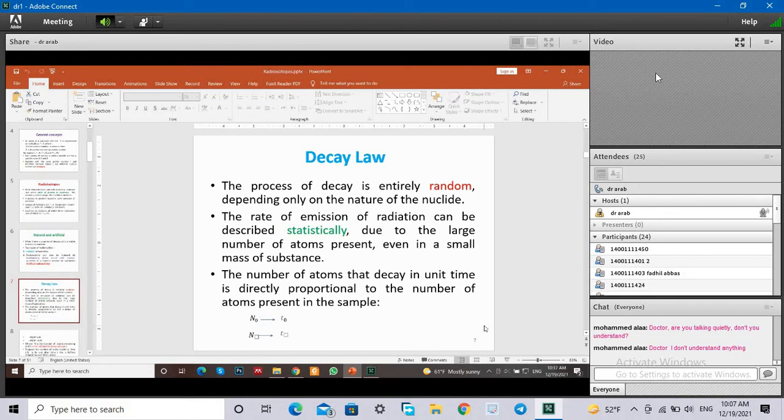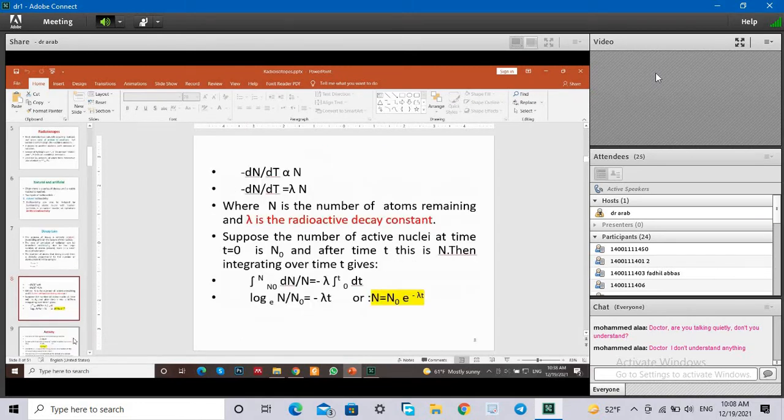Okay, imagine that at the start time of decay, the number of radionuclides is N0 at time 0, and the number of nuclei that remain radioactive after passing time t is shown with N. It is important to know how we can calculate N, the number of nuclei with radioactivity after passing time t.